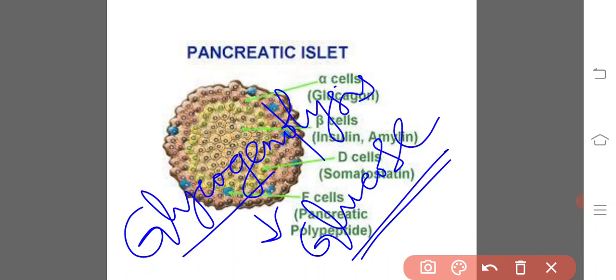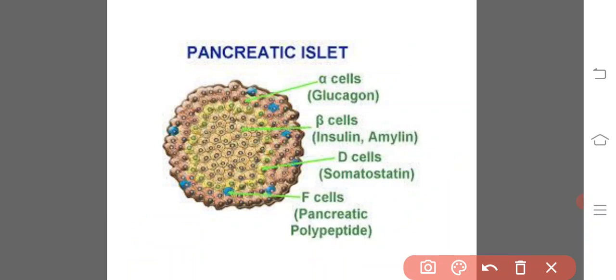This glycogenolysis occurs in the liver cells in general. Alpha cells produce the glucagon hormone. This glucagon hormone raises the blood glucose level. So whenever it raises the blood glucose level, it is known as the hyperglycemic hormone.